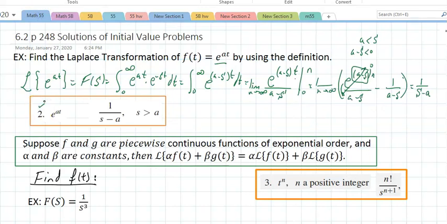So from now on, I'll start pointing those out. If I apply the Laplace on e to the at, instead of doing all of that work, that answer is right there. And that condition, s is bigger than a, is provided. And that is on page 252, and that's provided on your test.